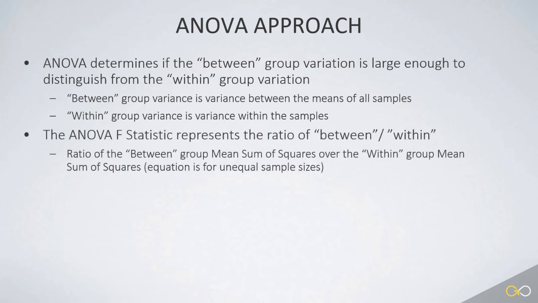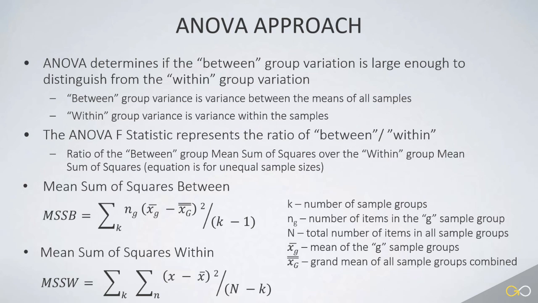ANOVA will calculate an F statistic, which is the ratio of the between-group mean sum of squares over the within-group mean sum of squares. Another feature of ANOVA is that it does this calculation assuming that the sample sizes in the group are not the same. The formula for each of these mean sum of squares is shown here.